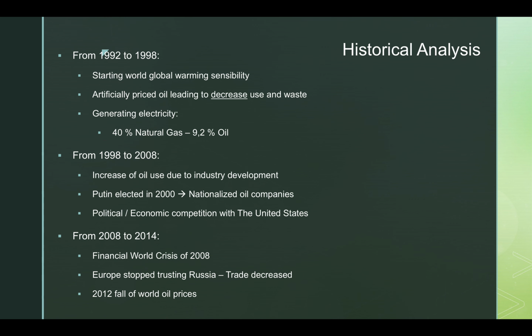After 2009, Russia entered into geopolitical problems, and European countries stopped trusting Russia for trade, causing a trade decrease in the country. Finally, between 2012 and 2014, we saw in the graphs that the oil use and the CO2 emissions fell because of the world oil prices that decreased during this period.